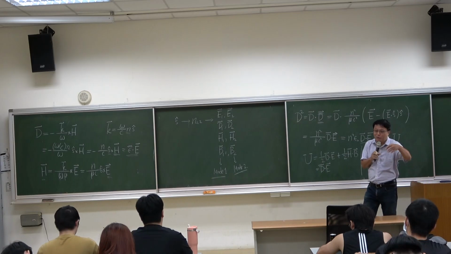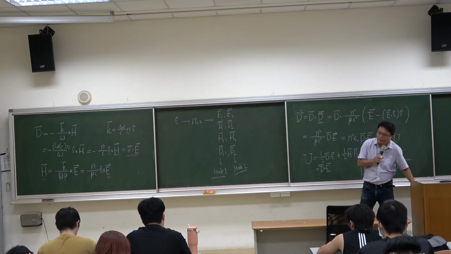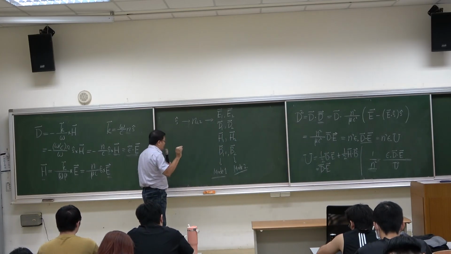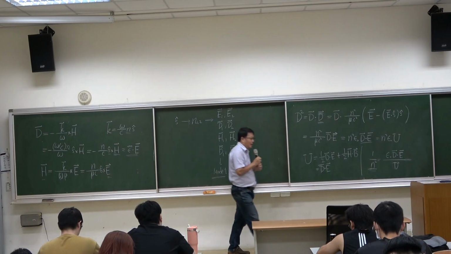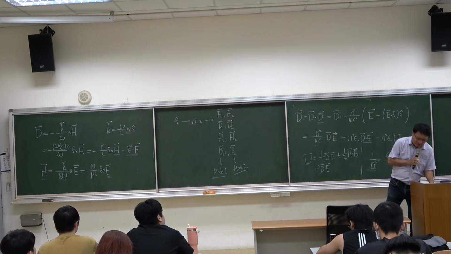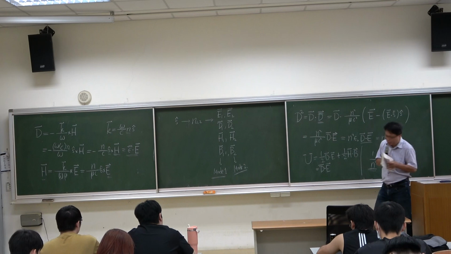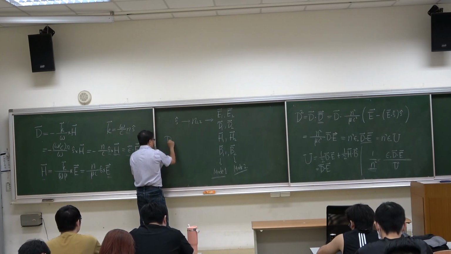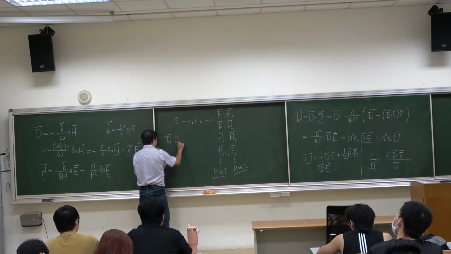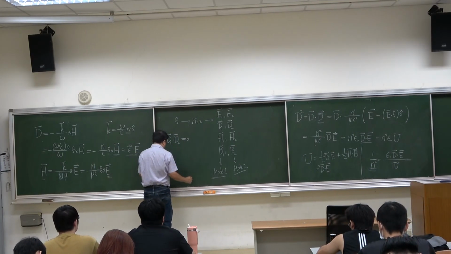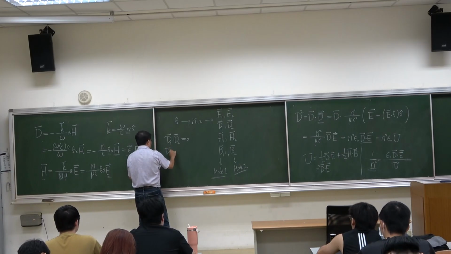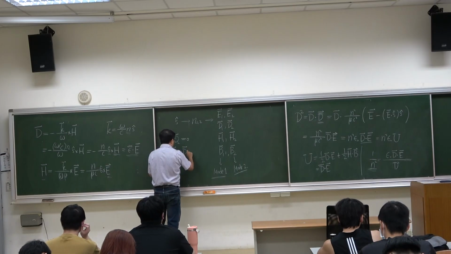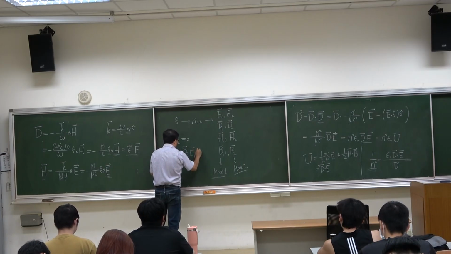So now I want to say that there are some orthogonal relations between these two modes. D1 is orthogonal to D2. E1 is orthogonal to D2, and E2 is orthogonal to D1.